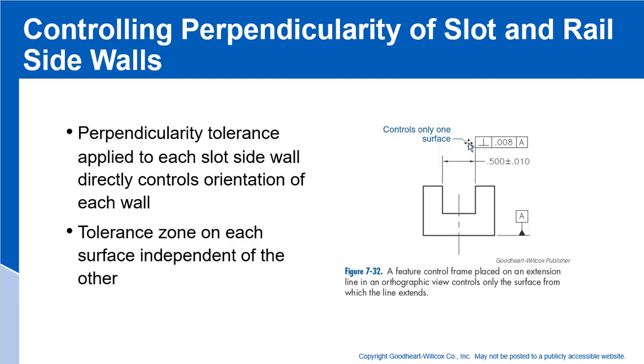We would have an extension line coming off from one of those surfaces, and we would apply the perpendicularity tolerance directly to that extension line. The perpendicularity tolerance applied to each sidewall directly controls the orientation of each. This example only shows it applied to one, but if you wanted it applied to both, you'd have to show it on both because they control independently. The tolerance zone of each surface is independent of the other.